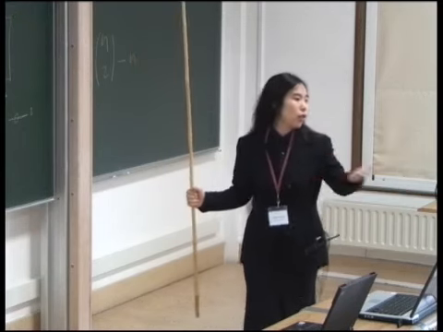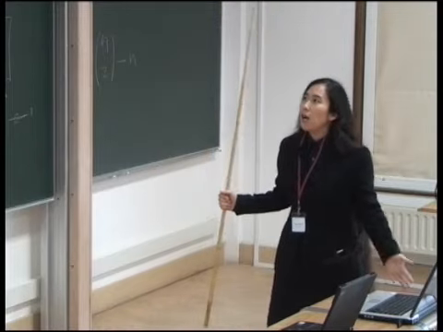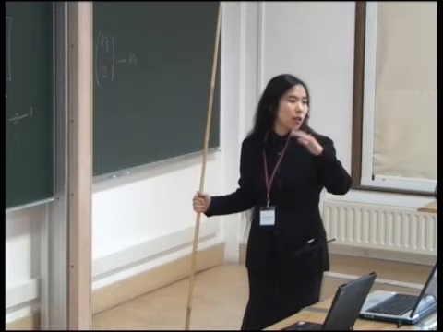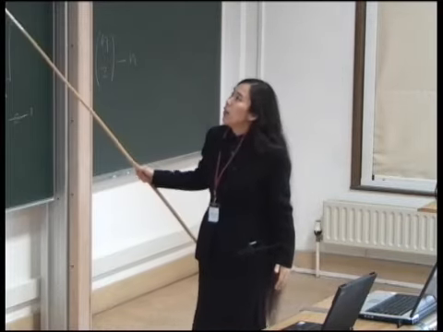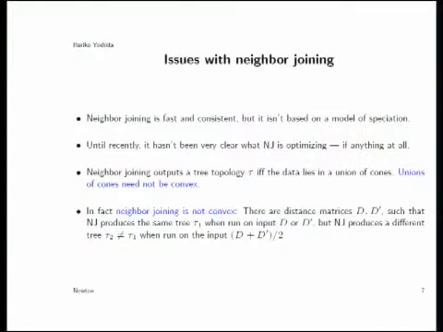you can download it at the arXiv, we wrote some examples where D and D dash are distance matrices such that the neighbor-joining method produces the same tree topology, but if you take the sum and divide it by 2, that gives you a distance matrix that returns a different tree topology.